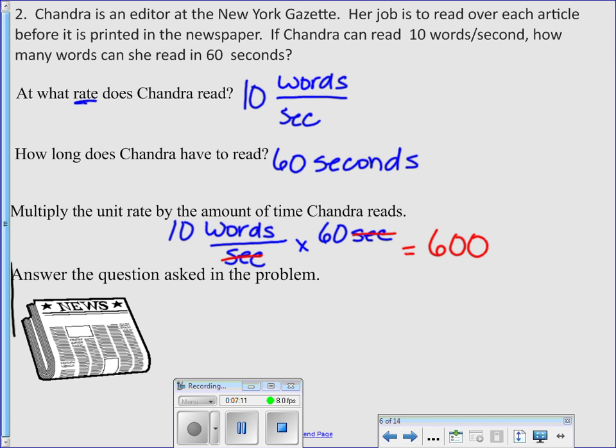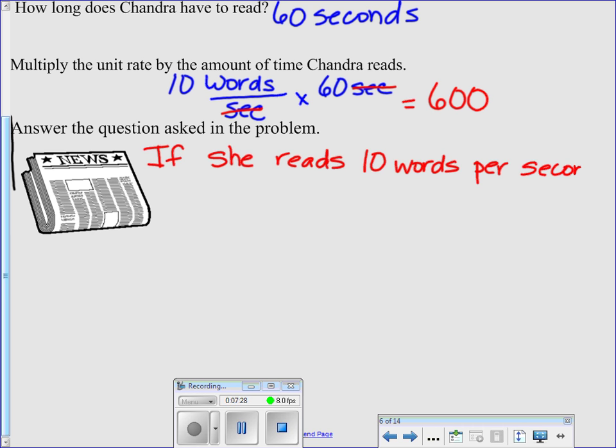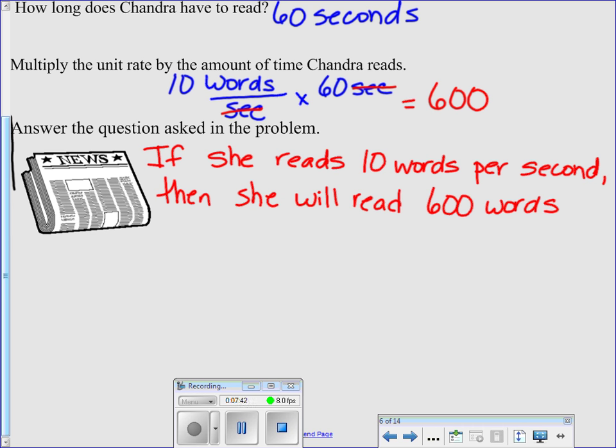So now writing my answer in an if-then statement, if she reads 10 words per second, then she will read 600 words in 60 seconds.